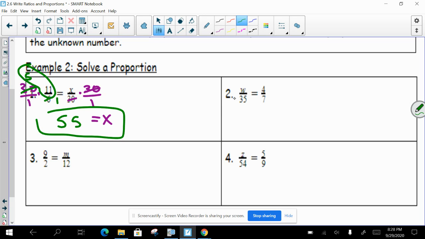For number 2, you do the same thing, but multiply by 35 over 1. The 35s cancel, you get W equals, and good news, 7 and 35 go into each other. Each divided by 7, 7 becomes 1 and 35 becomes 5, and you're left with 4 times 5, which is 20.